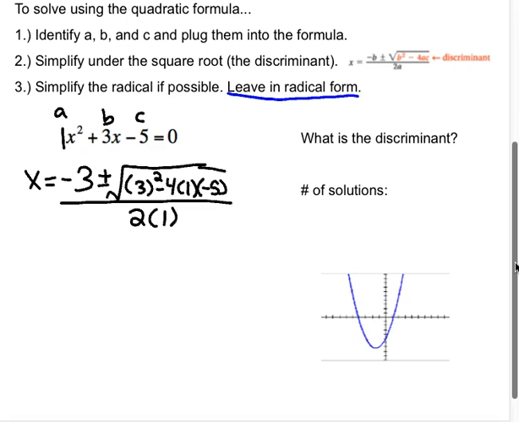Next step is I want you to simplify under the square root, which I call the discriminant. So I want this value right here. If you type this carefully into your calculator, the calculator can do the computation for you.